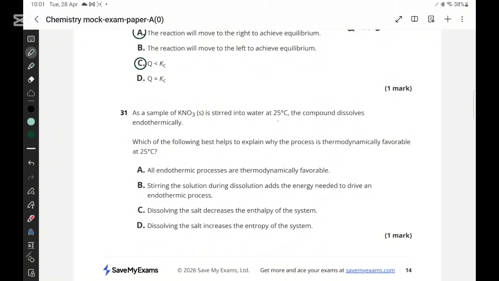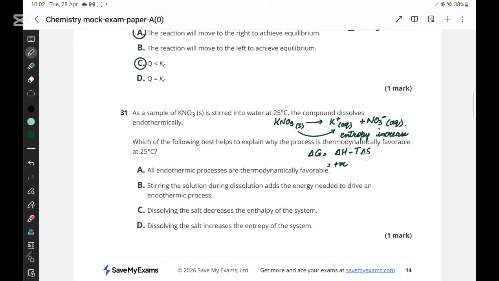When you are dissolving KNO3 from solid, it is going to change into K positive in aqueous form and NO3 minus in aqueous form. So you are going from solid to aqueous form, so entropy increases, and delta G is equal to delta H minus T delta S. Delta H is endothermic, so it's going to be positive.